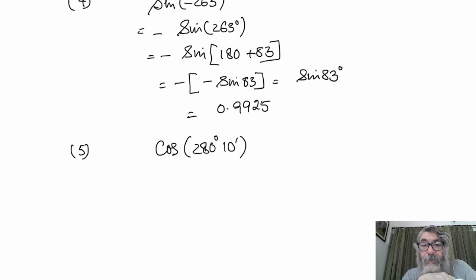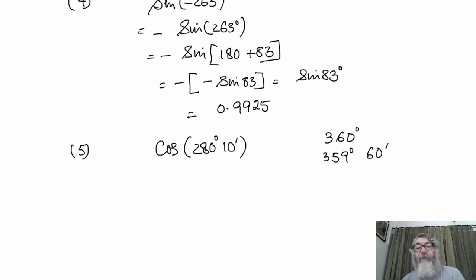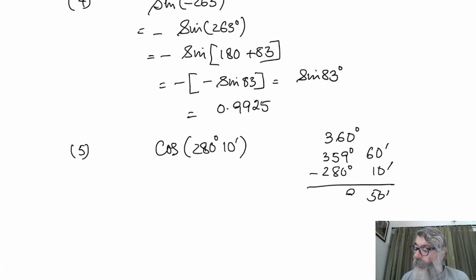Let us see how we subtract out of 360. 360 degree will be written as 359 degree 60 minute. One degree we have taken out to make it 60 minute, because here you are subtracting 280 degree 10 minute. When you subtract, you will get 79 degree 50 minute.